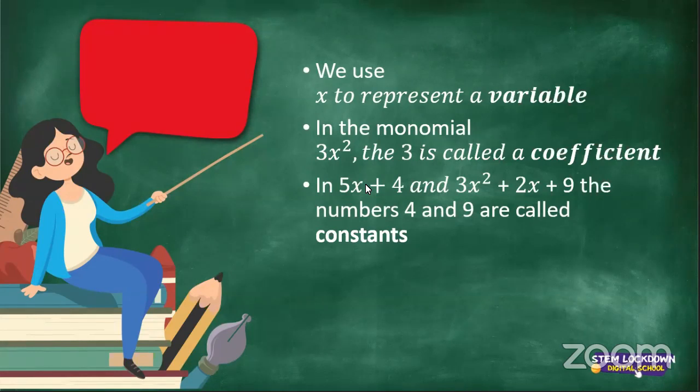And if you look at the 2 expressions, 5x plus 4 and 3x squared plus 2x plus 9, you can tell that the 9 as well as the 4 constitute what we call constants. So I wanted to introduce you to these different concepts this morning.